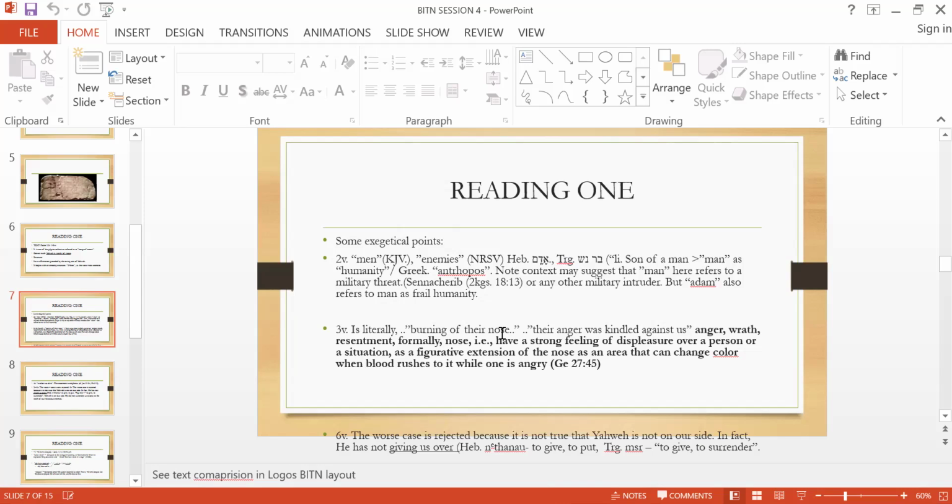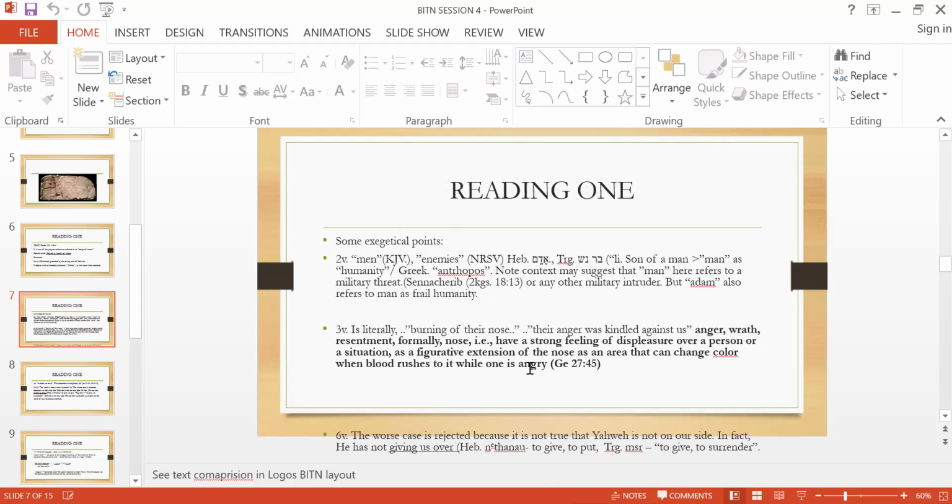So we talk about kindled anger in King James, and burning anger in the New Living Translation. But literally it says the burning of the nose. The anger was kindled against us. The phrase refers to anger, wrath, resentment. Formally it refers to the nose, that is, to have a strong feeling of displeasure over a person or a situation.